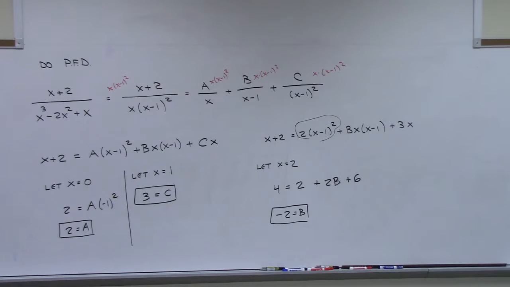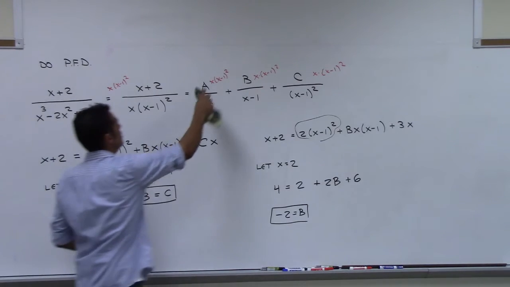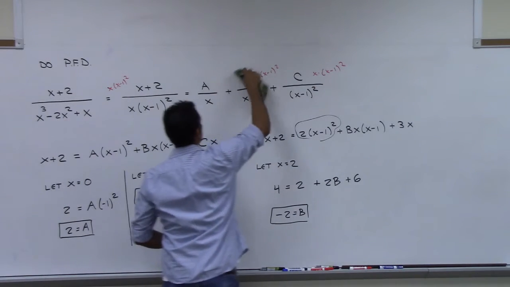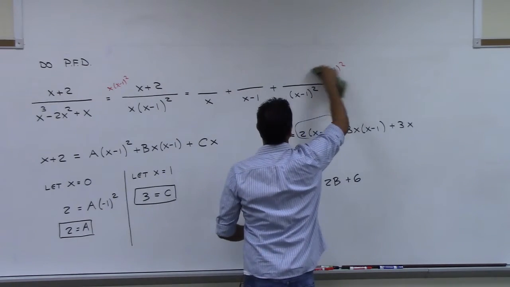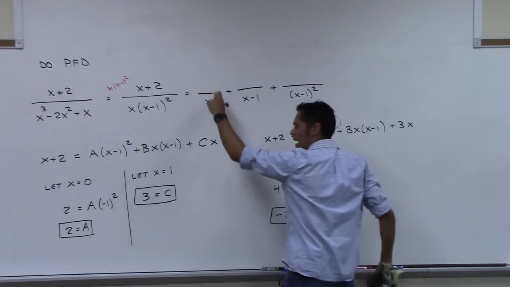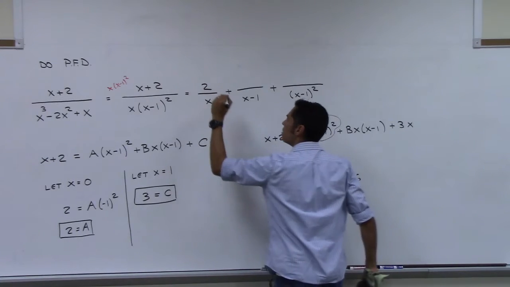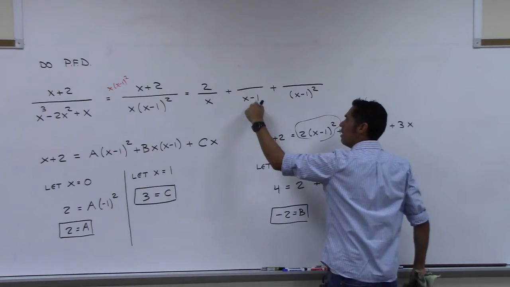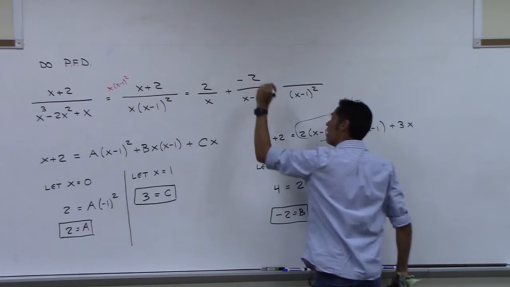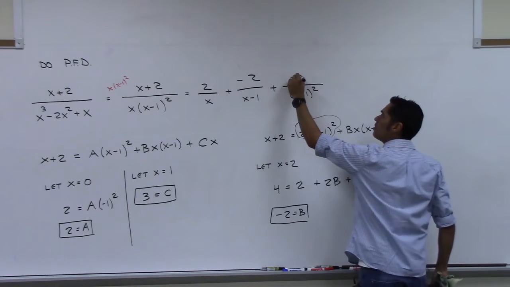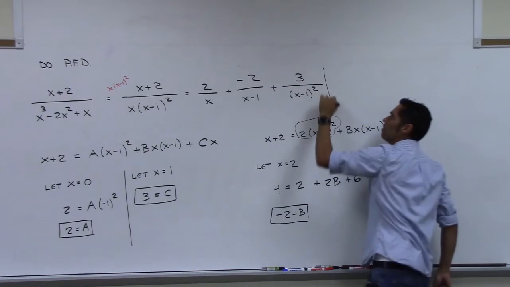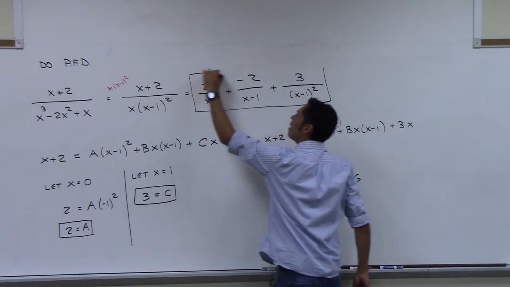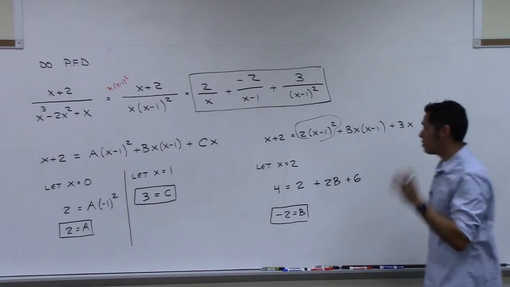So the original expression breaks down to, we need a final answer here. It's a over x, so 2 over x, b over this, so negative 2 over that, and then c, which is 3 over this. So this is our answer. That's the partial fraction decomposition of that rational expression.